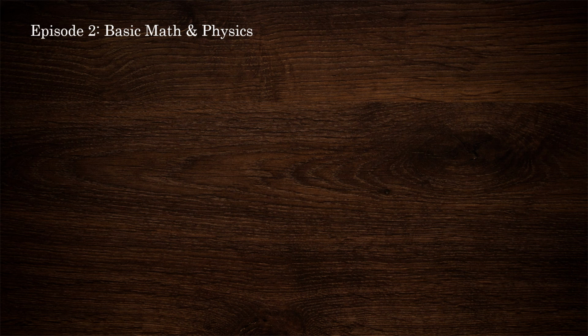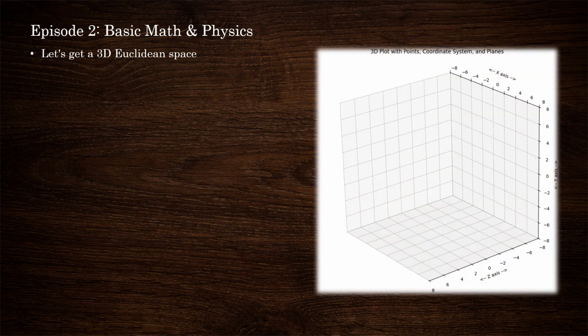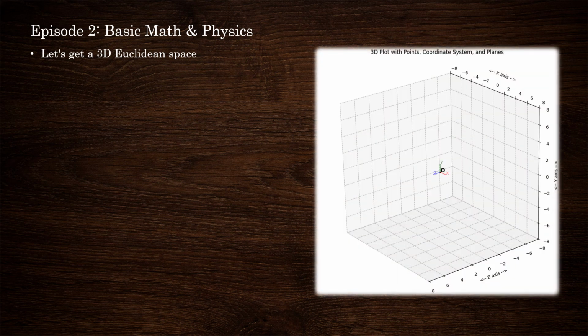So let's look at it a little more in detail to understand what this means in 3D space. Let's get a Euclidean space first, and as usual, let's get the origin and the axes lined up. Let's take two points in space.